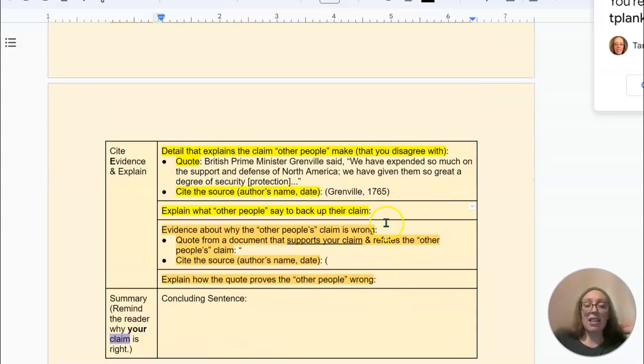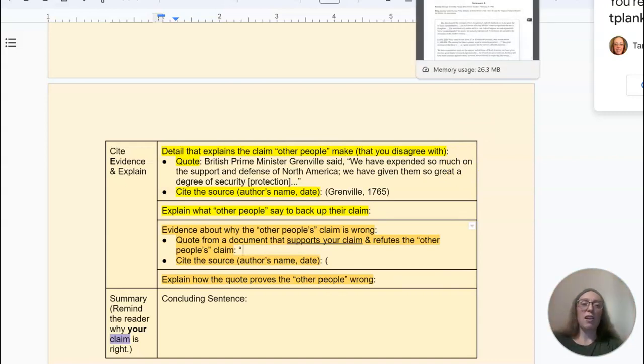Now, I can say that they're wrong and explain it, but it's best if I also have some other justification, something that supports me in saying that Prime Minister Grenville was just flat out wrong. So I'm going to look back at the documents. Where do the documents argue that the colonies really should not have to pay so much for the French and Indian War?